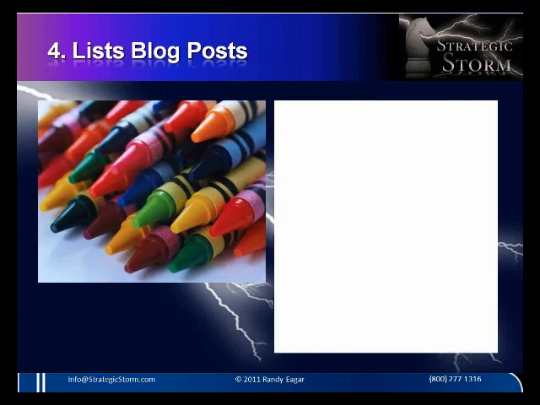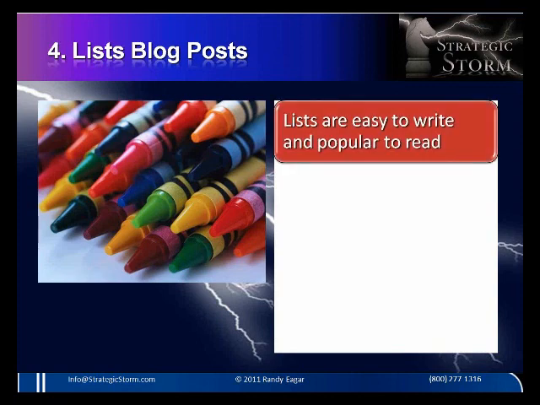One of the easiest ways to write a post is to make a list. Posts like content with the top 10 ways to, or 7 reasons why, or 5 favorite, or 53 mistakes that homebuyers make when, well, they're not always easy to write but are usually very popular with readers and with getting links from other bloggers.